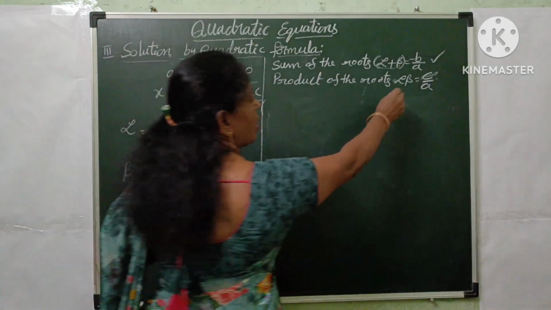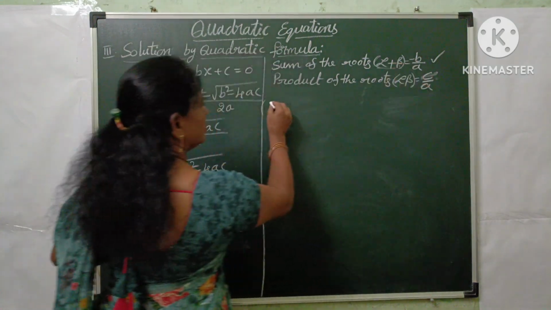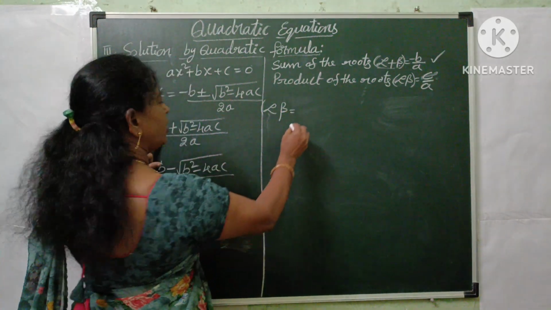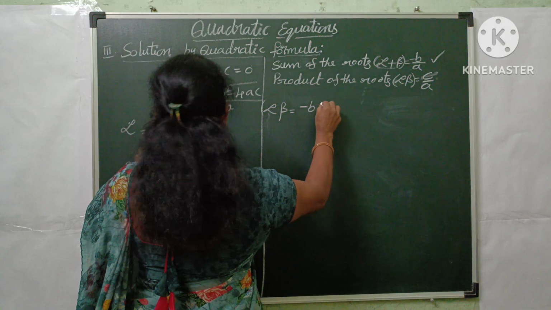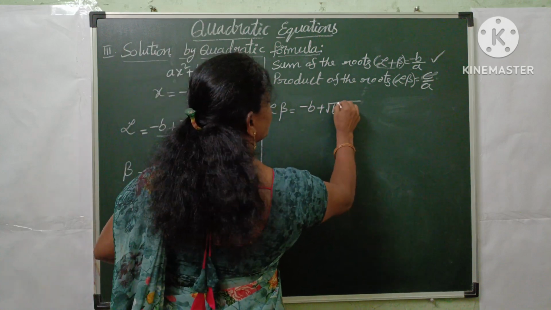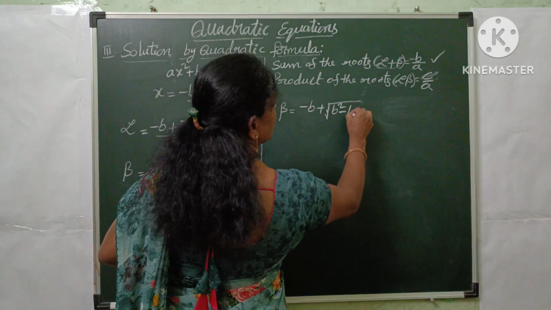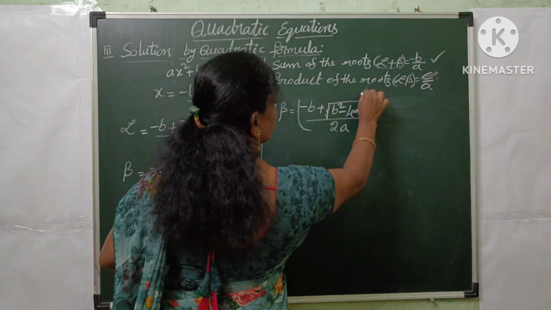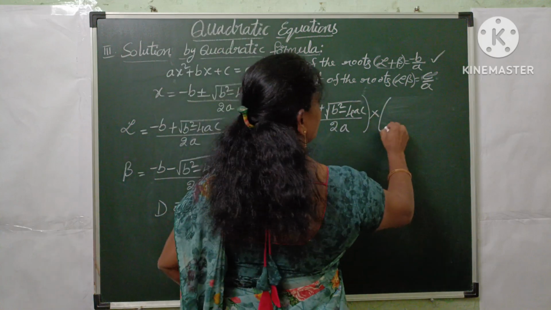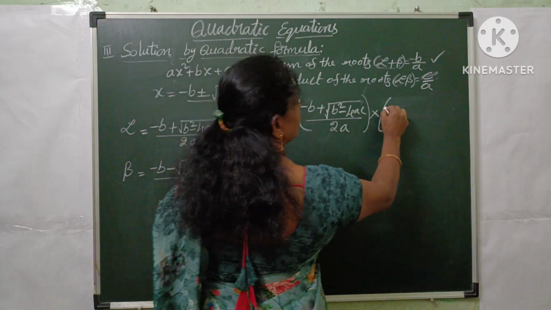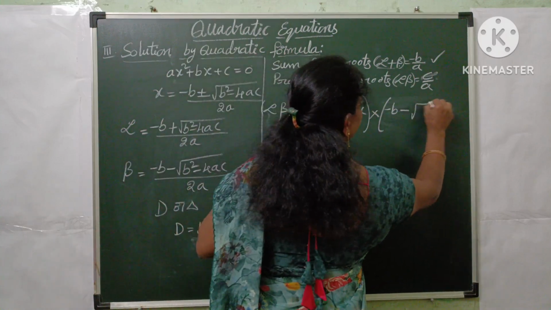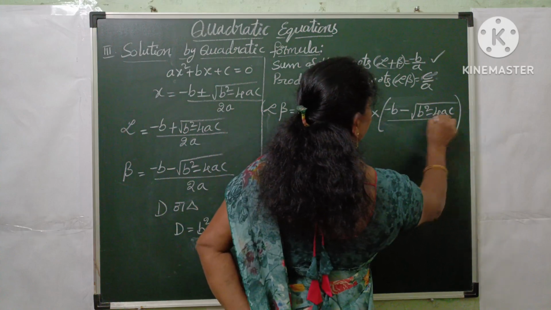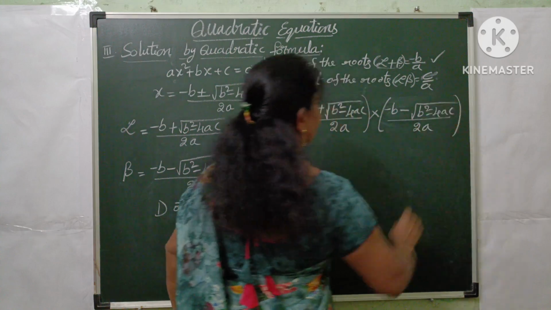Product of the roots, here alpha beta. Alpha beta equal to minus b plus square root of b square minus 4ac by 2a into beta, which is minus b minus square root of b square minus 4ac by 2a.